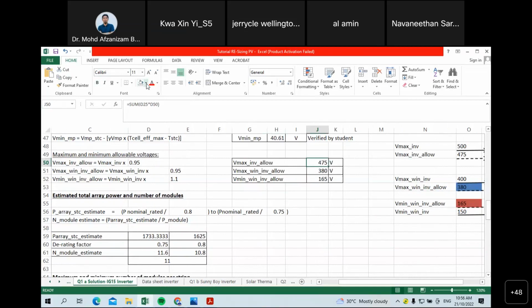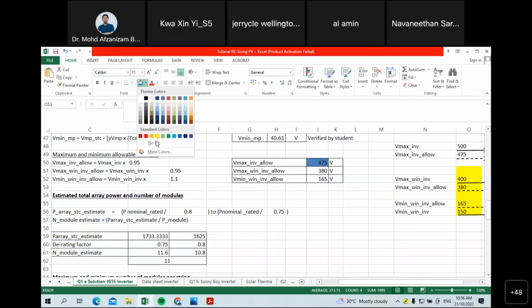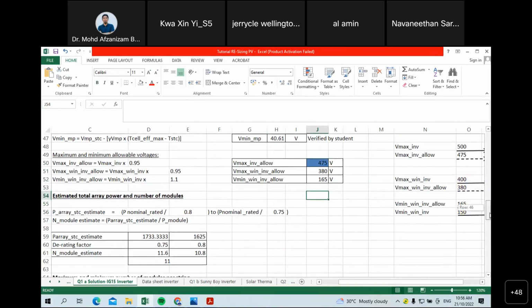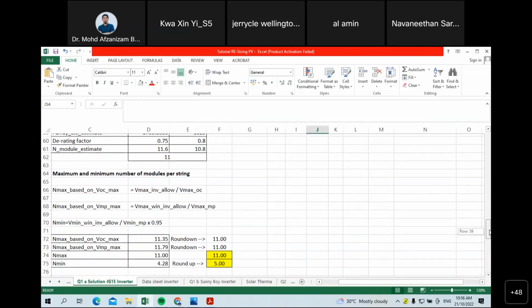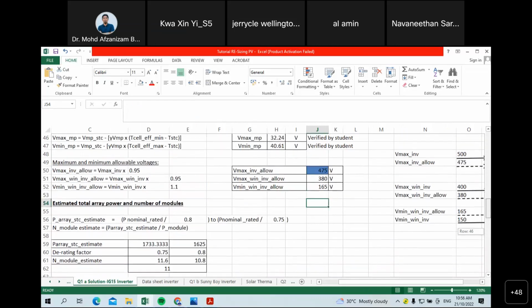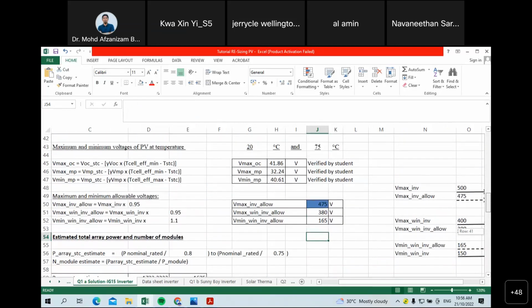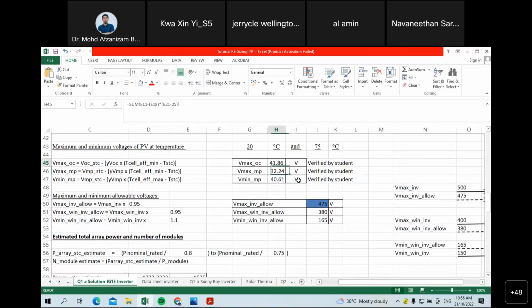Vmax inverter allow, we already calculated, right? This one, okay, 475, divided by the Vmax OC. Vmax OC refers to the Vmax OC, not STC, the Vmax OC that we calculate based on the operating condition, I mean the temperature. This one.